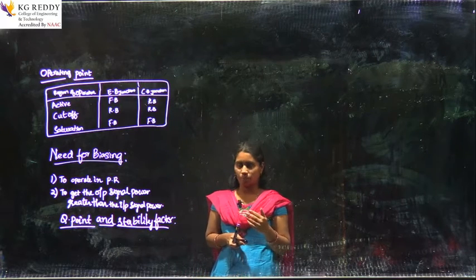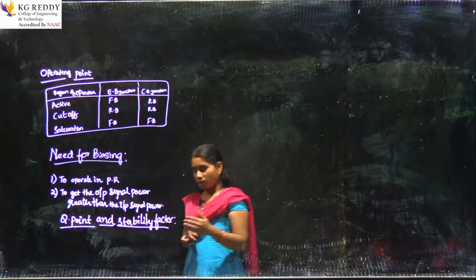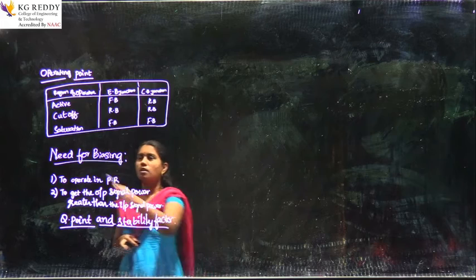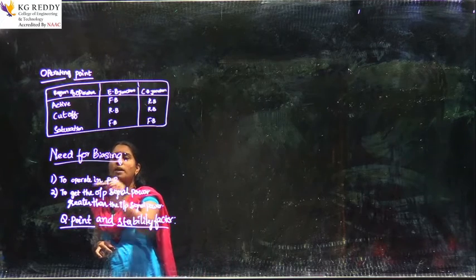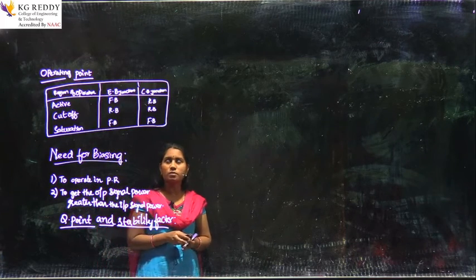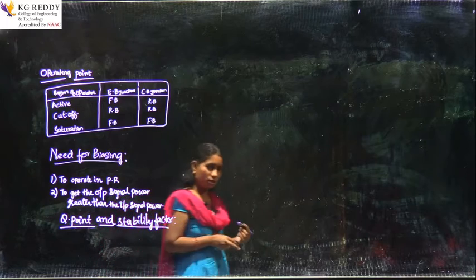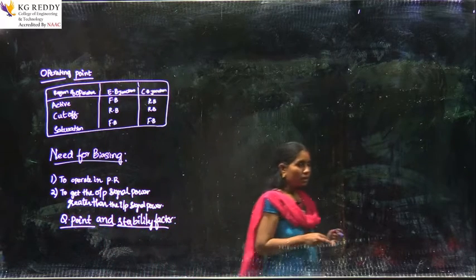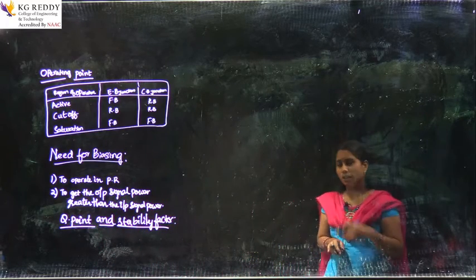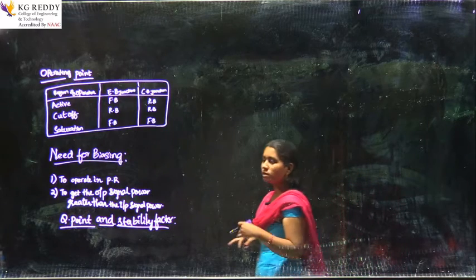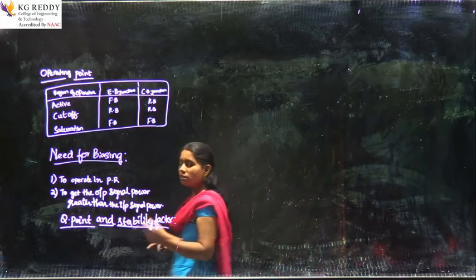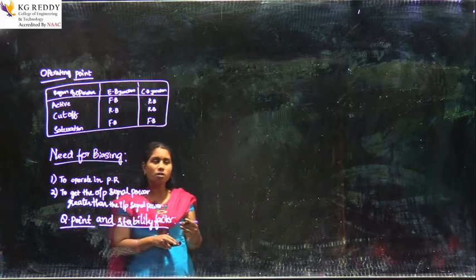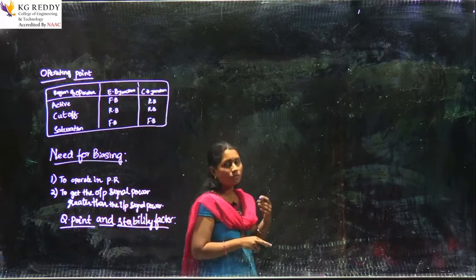To operate the transistor in a particular region, we apply some external DC voltages. But that point can shift due to transistor parameters such as IC0, beta and VBE.